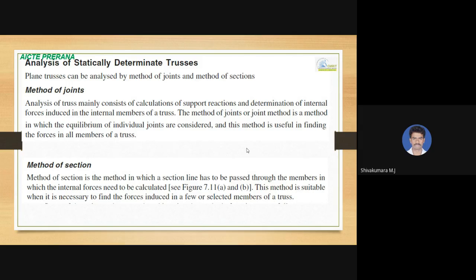In the method of sections, we are not going to find the actual force in each member. We take a section in such a manner that at least 2 or 3 members are cut, and then we take a moment. When we take a moment, we get the specific unknowns which we want to determine. That is the method of sections.